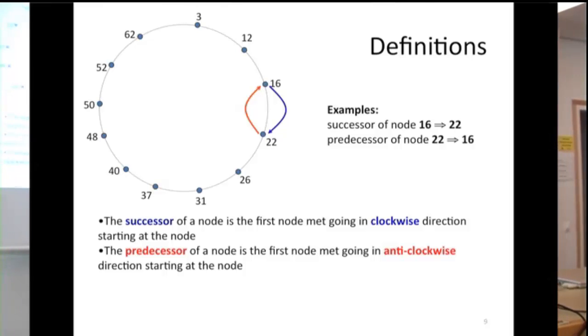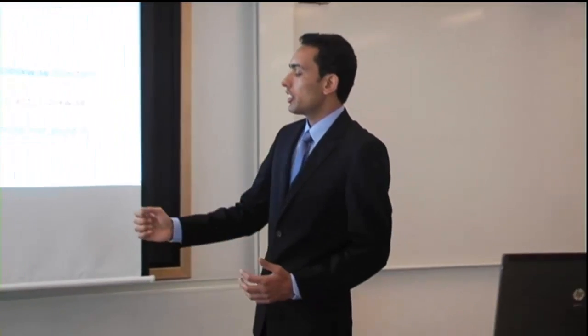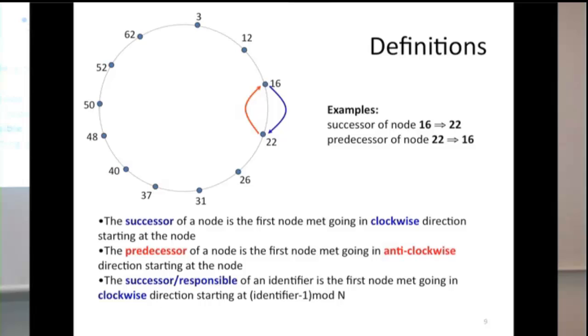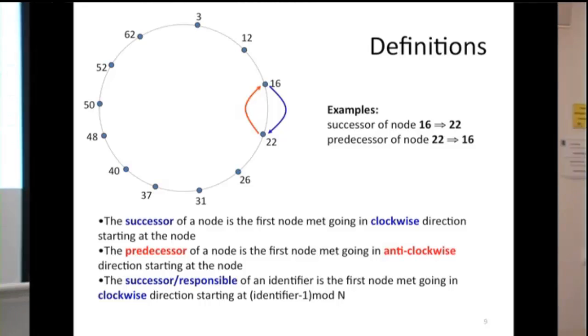Now these are for the nodes. Then you have a similar concept for identifiers. For example, this node has identifier 26, this has 31, but then there are a lot of identifiers in between which can be mapped for keys. We define the successor of an identifier to be the first node that you meet going clockwise.